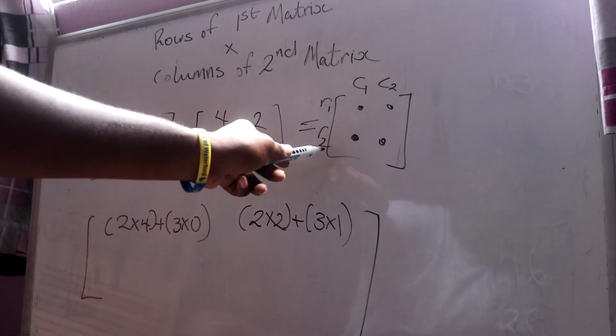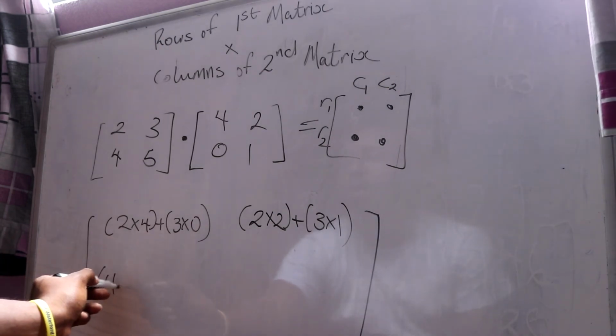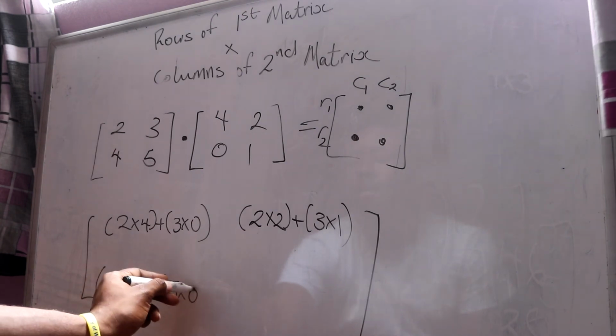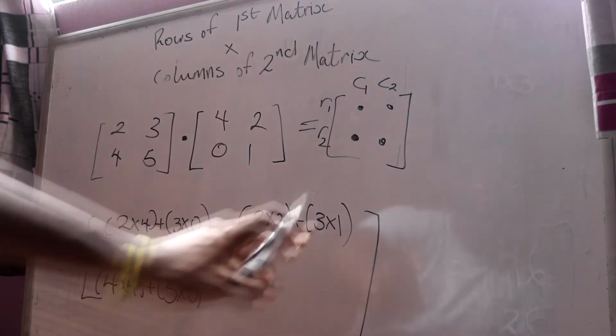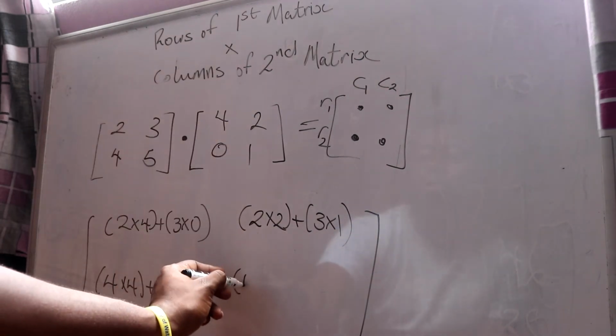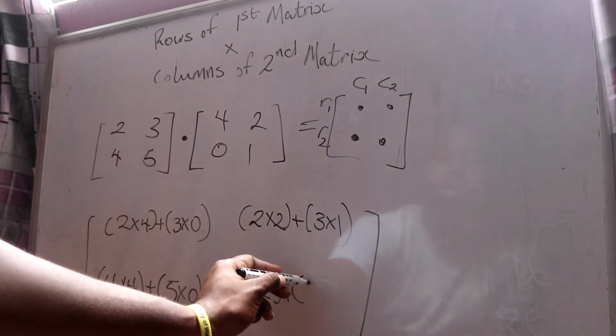Then second row, first column, so 4 by 4, 5 by 0. And then second row, second column, 4 by 2 plus 5 by 1.